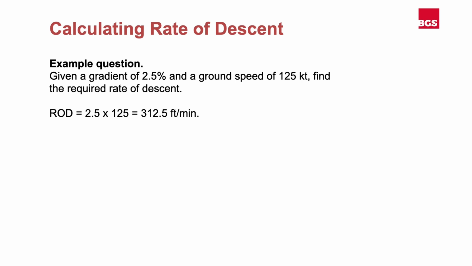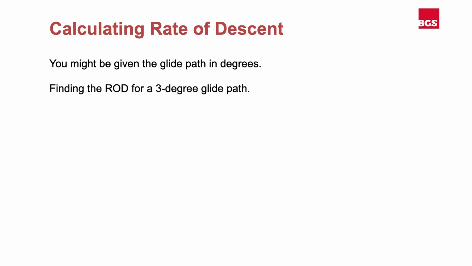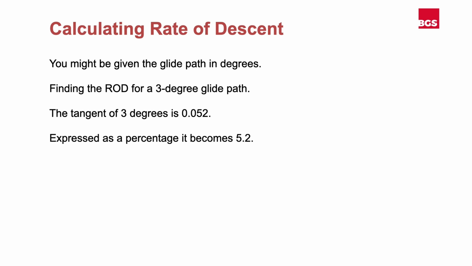Now, you might be given a glide path in degrees. So finding the rate of descent then for a 3-degree glide path, which is of course the most common of our glide paths. Notice the tangent of 3 degrees is 0.052. And if we express that as a percentage, it becomes 5.2%.